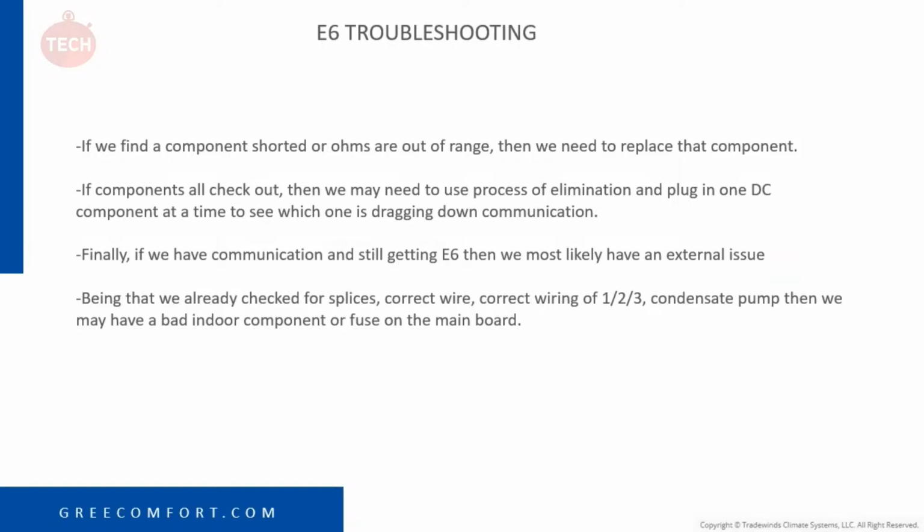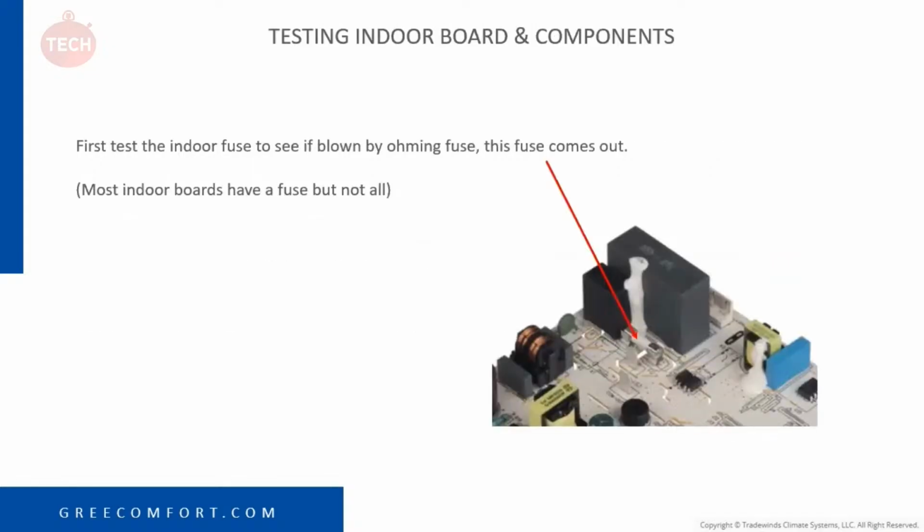Being that we've already checked for splices, correct wiring, up to 1, 2, and 3, and the condensate pumps, then we may have a bad indoor board component or fuse on the main board. It could be open. It's not on all of them, but a lot of these indoor boards do have a fuse that protects the rest of the components in there.